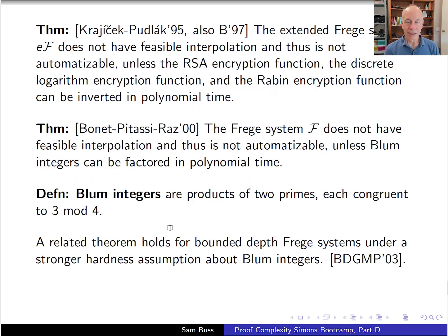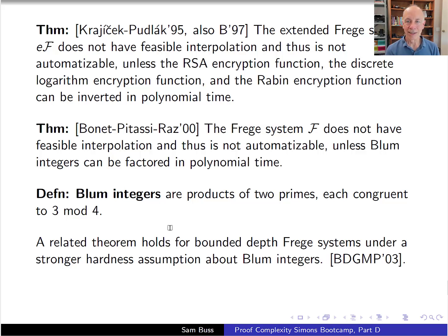Another nice result is due to Krajicek and Pudlak. The extended Frege proof system does not have feasible interpolation and thus is not automatizable unless the RSA encryption function and the discrete logarithm encryption function can be inverted in polynomial time. One doesn't expect those can be inverted in polynomial time. We suspect they're secure.